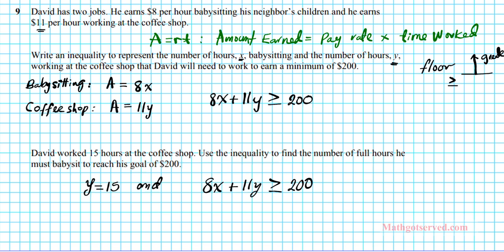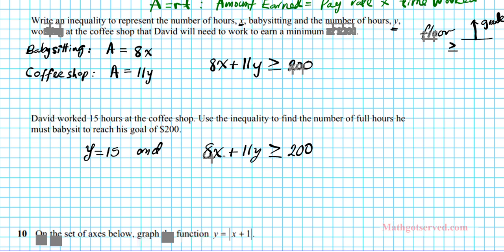Now that we have y set to 15, what is x going to be so that he can reach his goal? We're going to substitute 15 into this inequality and solve it. So we have 8x plus 11 times 15 is greater than or equal to 200. We'll simply solve this inequality for x. First, we multiply 11 and 15. That gives us 8x plus 165 is greater than or equal to 200.